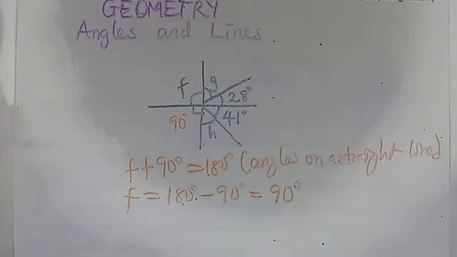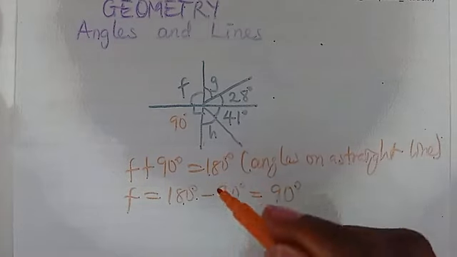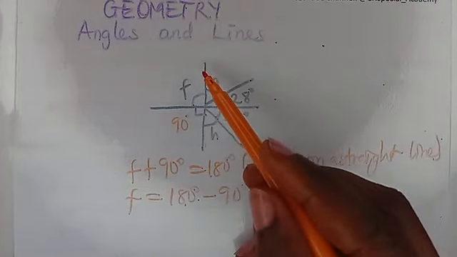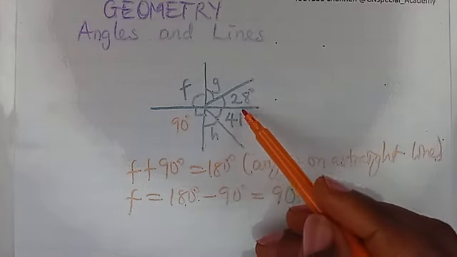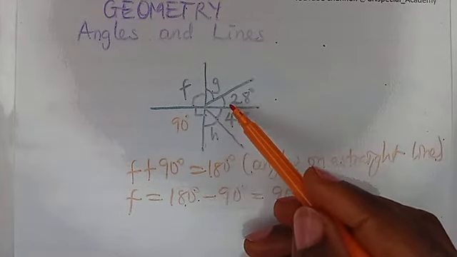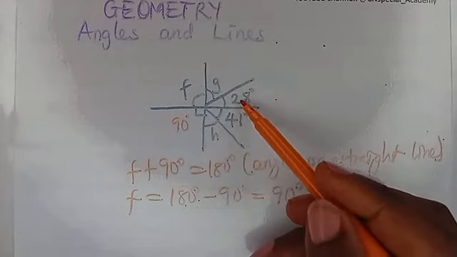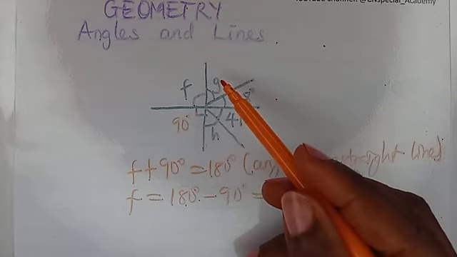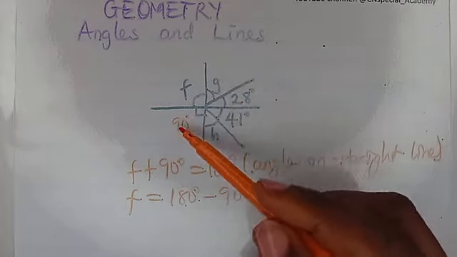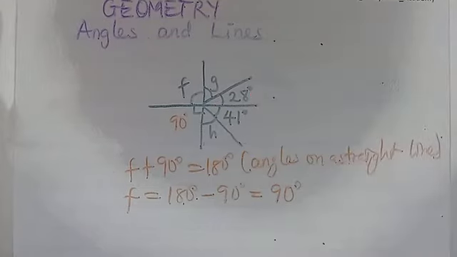Now let's look for angle G. Now we can see that, you see this straight line and this straight line. So this part is vertically opposite to this part. Therefore, G plus 28 is equal to 90 degrees. And our reason for saying this is vertically opposite angles.